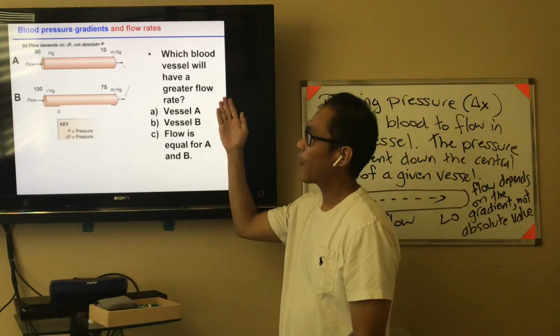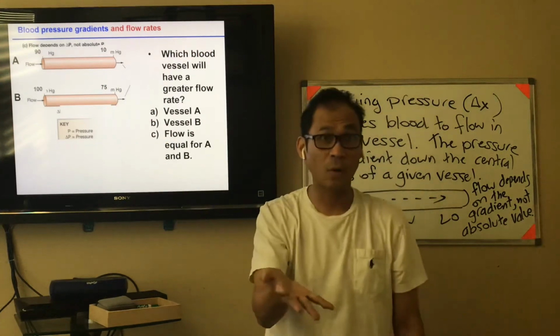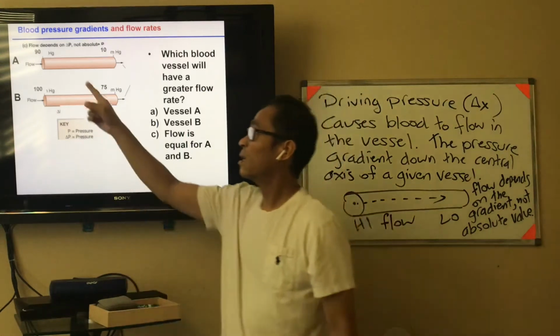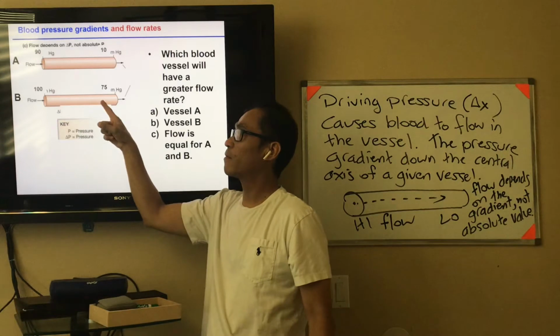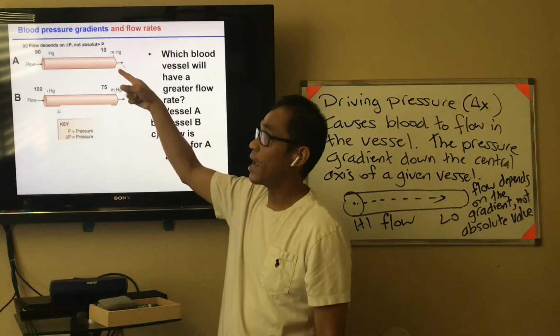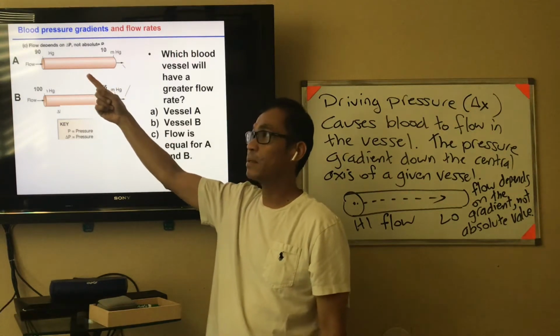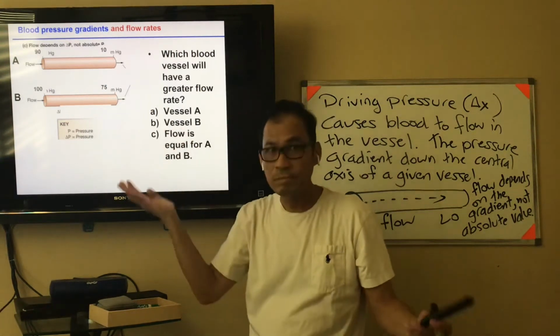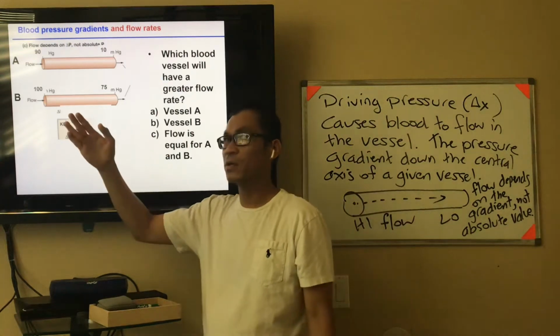Which blood vessel will have a greater flow rate? You compare two vessels, and you assume everything's equal except for the gradient. The difference between 90 and 10, or the difference between 125 and 100. The answer is, flow would be greater in A, because there's a steeper gradient. The difference between 90 and 10 is 80. The difference between 125 and 100 is 25.